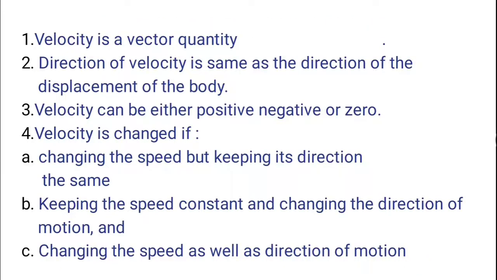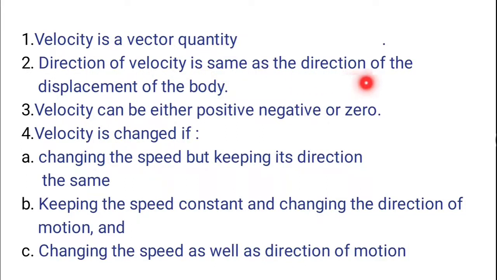Now we have to remember some points regarding velocity. First, velocity is a vector quantity. As you know, velocity is defined as displacement per unit time and displacement is a vector quantity. So velocity is also a vector quantity. If it is a vector quantity, then it must have a direction. So what will be its direction?